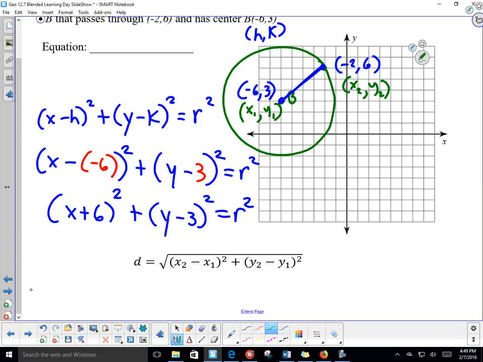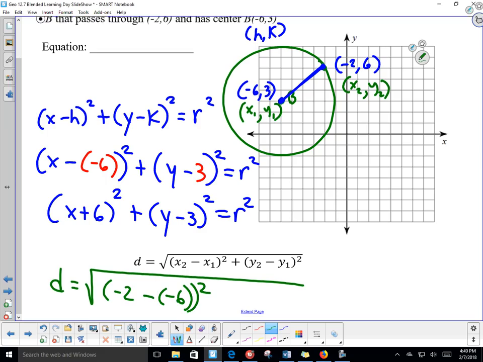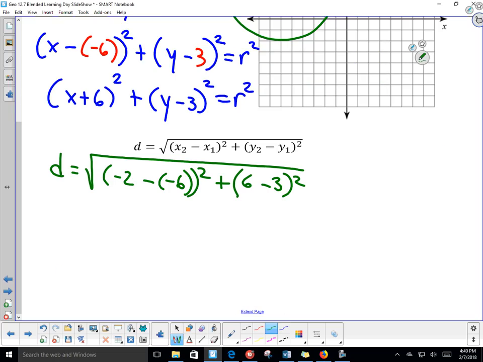Using our formula, the distance between those two points is going to be x2 minus x1, which is -2 minus a -6 quantity squared, plus the difference in the y, so 6 minus 3 quantity squared.